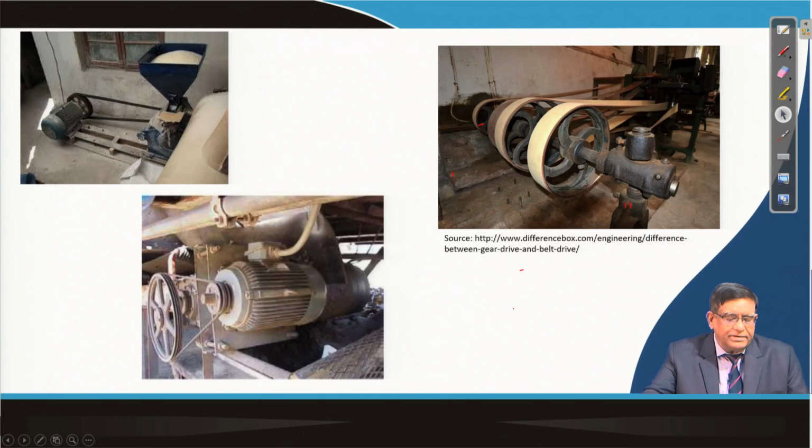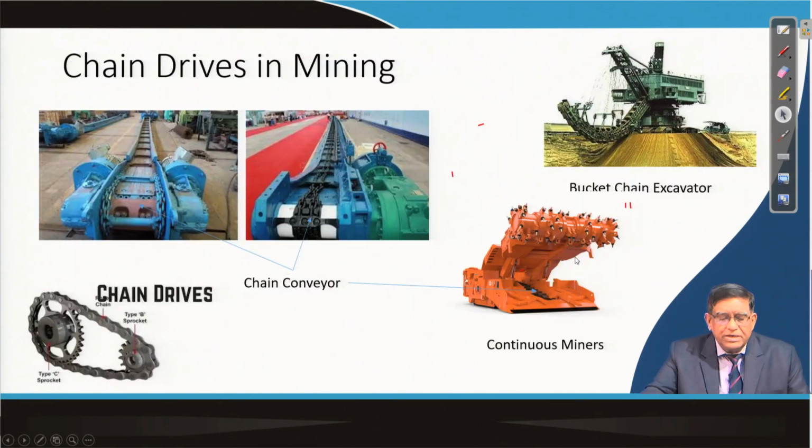There is a pulley on the electric motor connected with a belt, and the belt is running over here. Similarly, a number of machines or shafts can be driven when the shaft connected to the electric motor has a number of belts which drive a number of shafts.